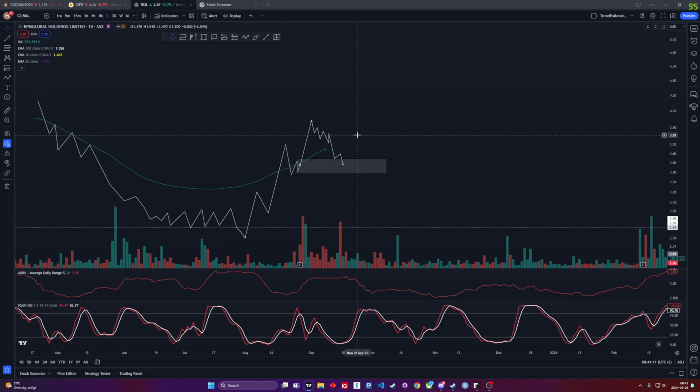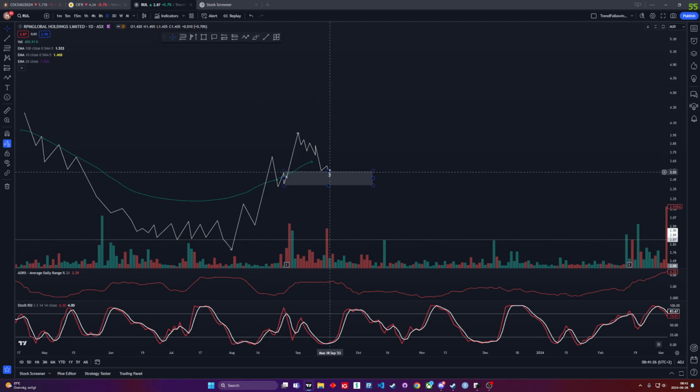Just before market close, you look for when price is in the zone, and you see if the stochastic has crossed, the red line has crossed the white line. If it has, and the candle is bullish, or price is about to close at a gain, whatever gain it is, it has to be more than zero.